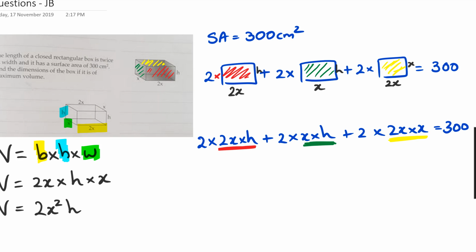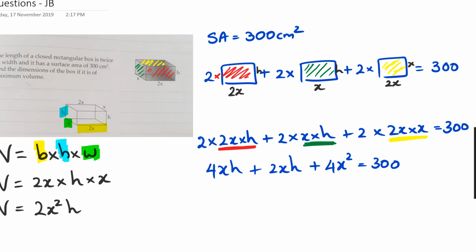Remember that. So simplifying this equation, what we've got is 4xh plus 2xh plus 4x squared equals 300. I'm just going to double check that again. We've got 4x, 2 times that, yep, 4xh, 2xh, and 4x squared.